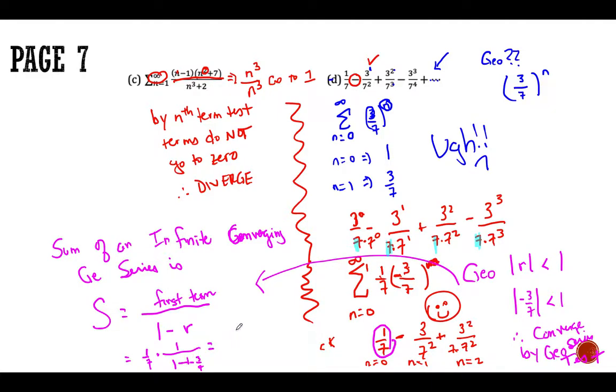So what does that equal? 1/7 times 1 over 1 plus 3/7, which is 10/7, which is 1/7 times 7 over 10.